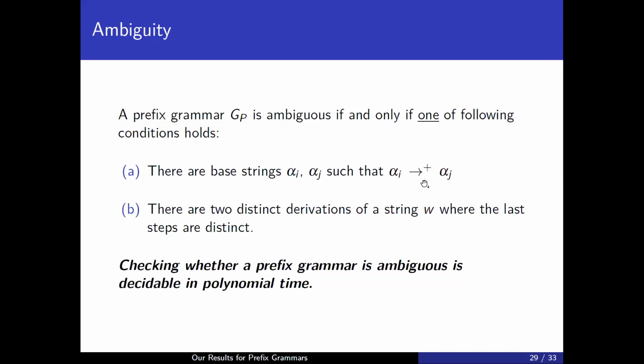And that's what we saw in the previous case where we had the prefix grammar 2 that was ambiguous. The second one is saying that we have one string derived in two ways, and we're always going to look at the last step that is distinct in the derivation. And we have shown that we can check if a prefix grammar is ambiguous in polynomial time.